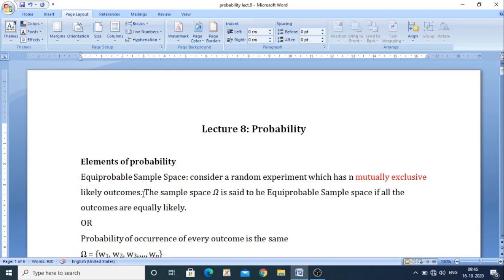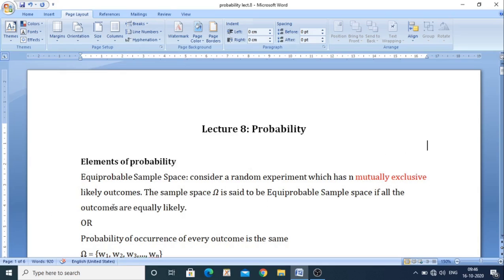Here we can say each trial is independent. That means the outcome of the next trial does not depend on the outcome of the previous trial. So such trials are mutually exclusive trials, or their outcomes are mutually exclusive.